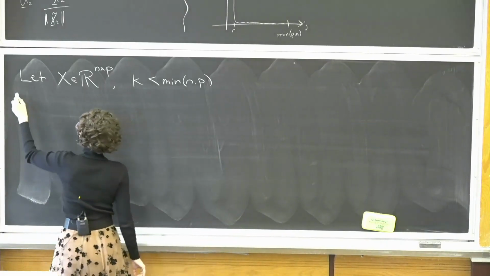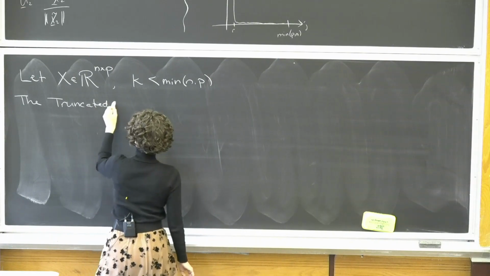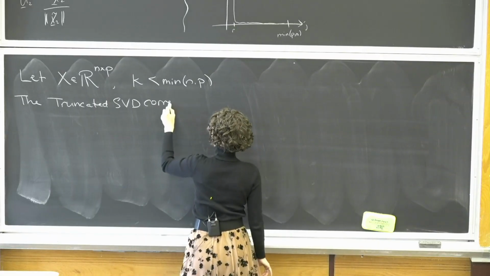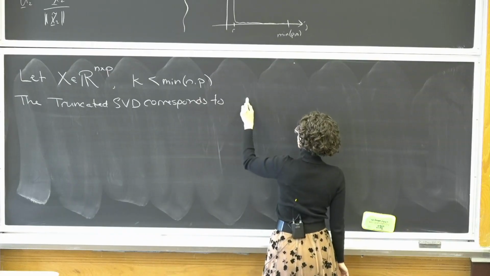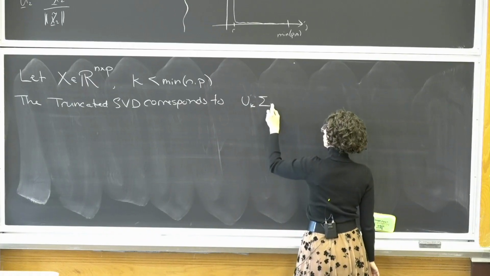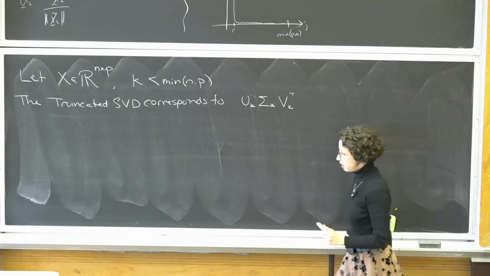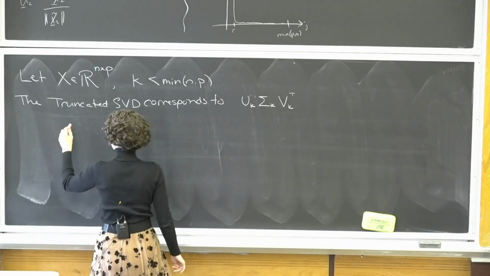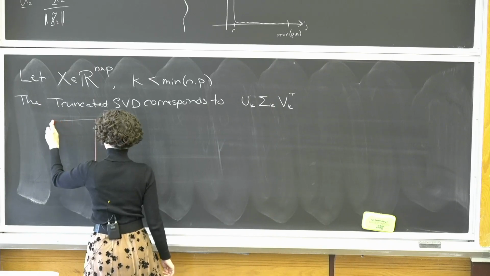So for this, the truncated SVD corresponds to, we're going to write it as U_k Sigma_k V_k transpose. And what I mean by this is the following. We're going to have our original matrix X, which is n by p.